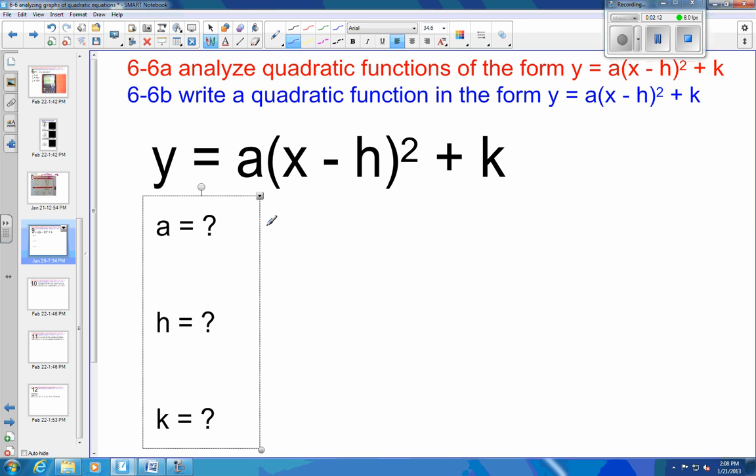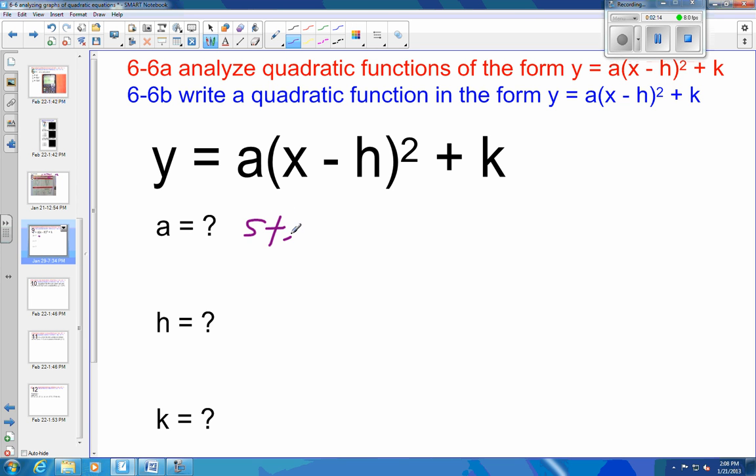And so a is the steepness. Really is not typing well today. h is your shift right and left.